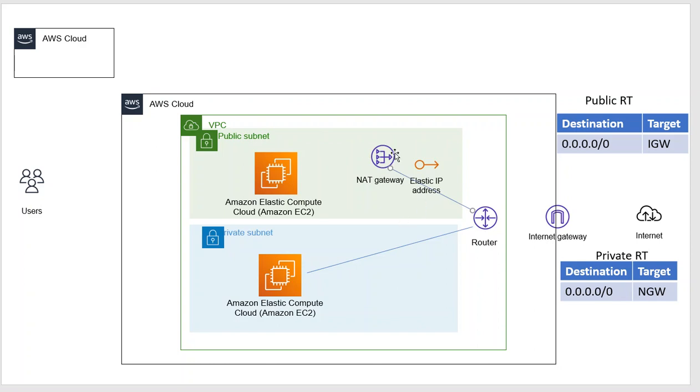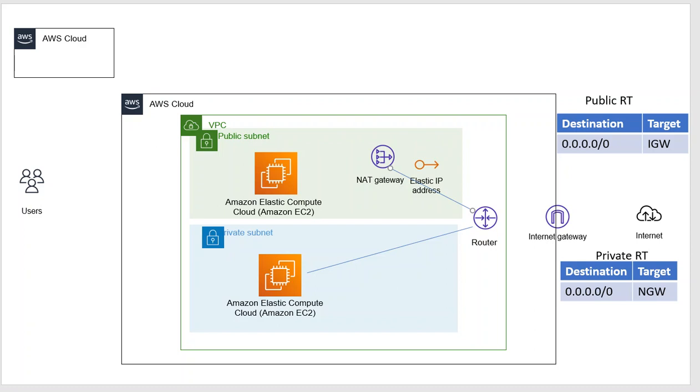Okay. So where is the NAT gateway? In the public subnet. And the public subnet again asks the router what to do. In the public route table, we have mentioned a rule: whenever this NAT gateway accesses the internet, it should go to the internet gateway.